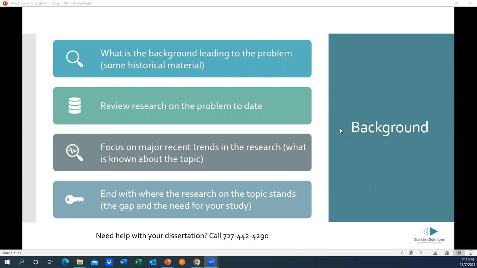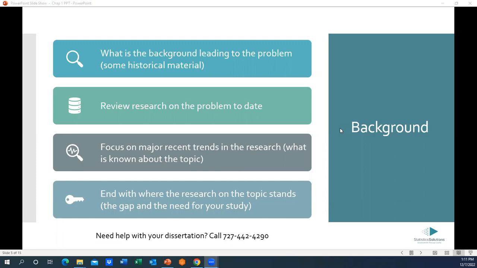Not just where the topic's been, but how have researchers been addressing this topic? What kind of research have they been conducting on the topic? What are some of the major findings along the way, right? And then it should end with where the topic, the research, stands today, and hence why your study is needed, right?